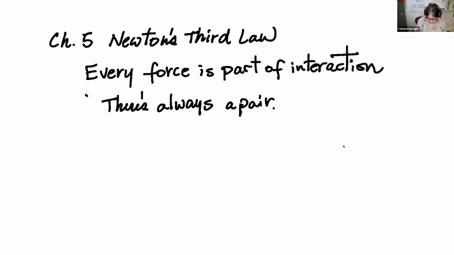You have some kind of interaction, and that interaction comes with a pair of forces.